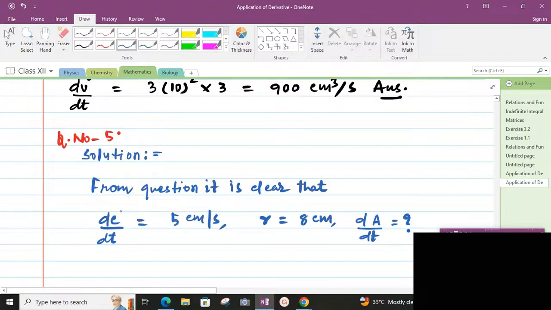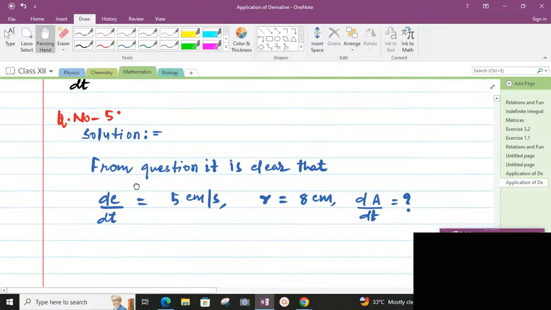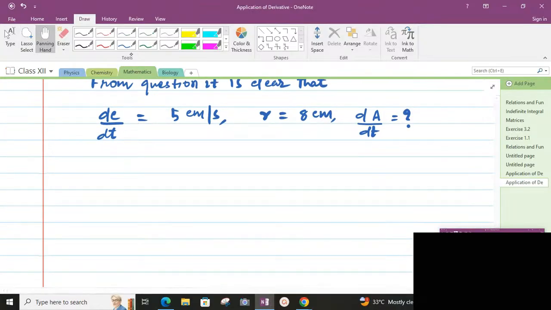So we know that the circumference of the circle C equal to 2 pi r. Now differentiating both sides with respect to t.